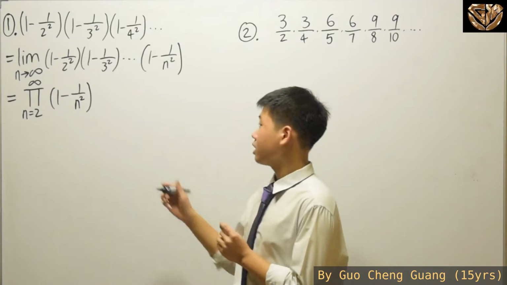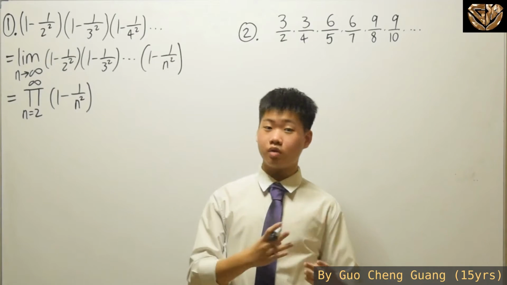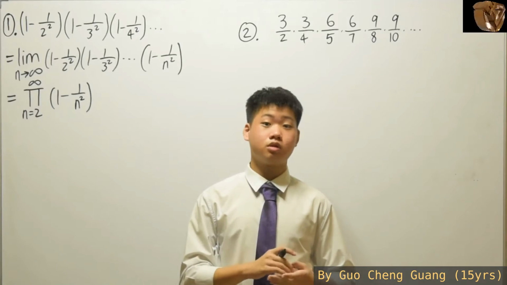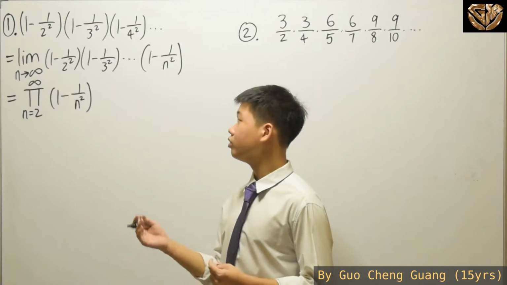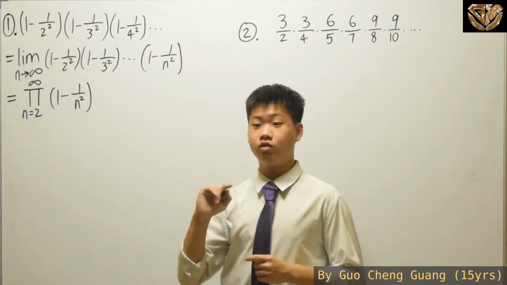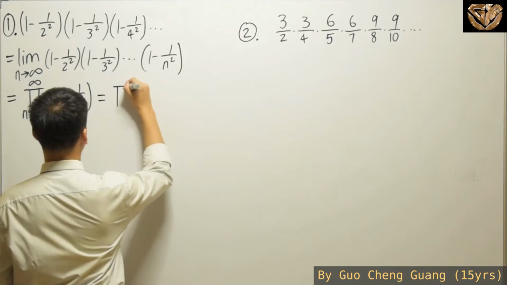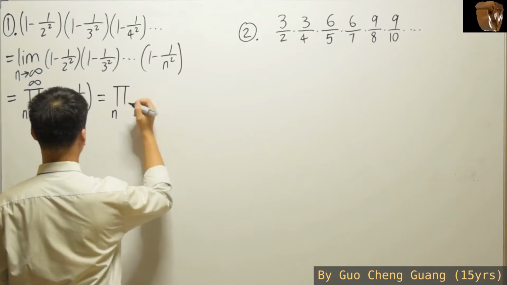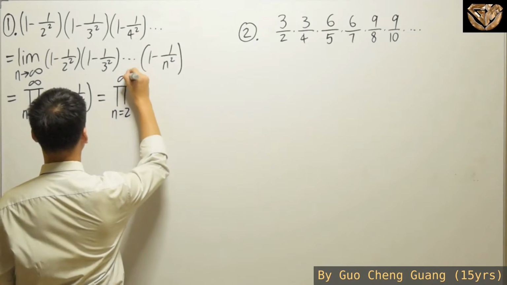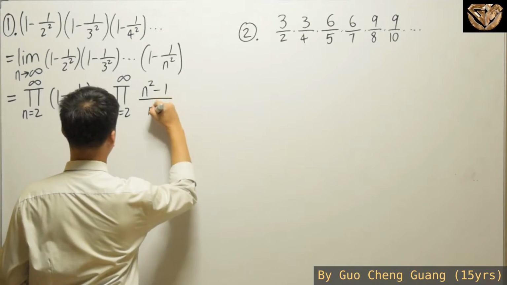Now, what kind of methods have we used previously? We have used things like the Wallis product. Let's try to change this into that form. So you will have the product for n from 2 to infinity of n squared minus 1 over n squared.